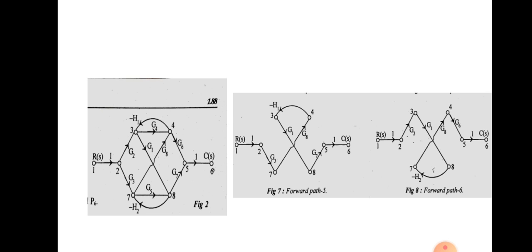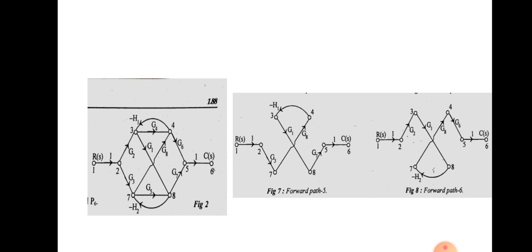Here also you can notice that the 8 to 7 path is the curved path, not the straight line path, because in the straight line path the flow will be reversed. So you should take the curved path, so that the signal will flow in the same direction. And also it is a forward path, because starting from the input, it goes to the output C of S. Those forward paths with their gains are marked in figure 8.